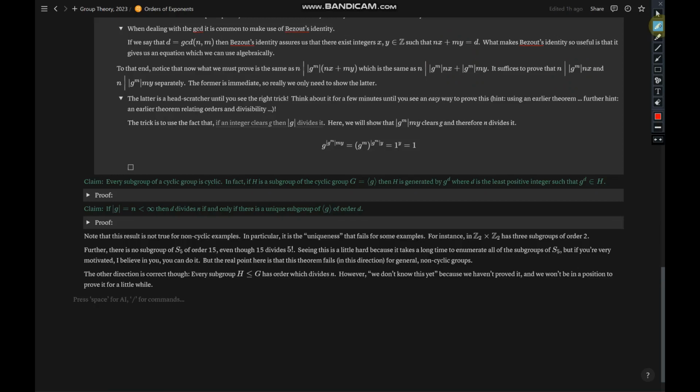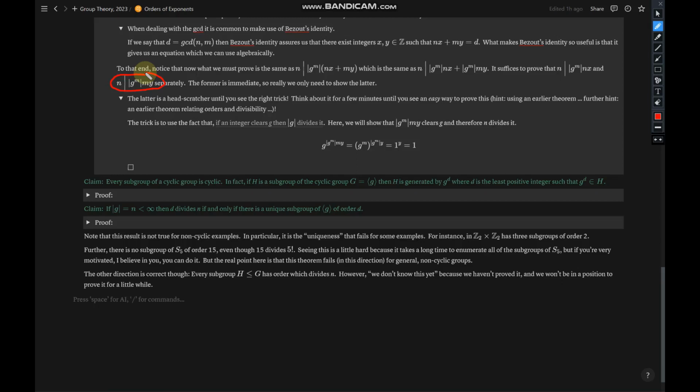Now, you might think that that's actually a little hard. It's not immediately obvious how we're going to prove this divisibility relationship, but there is in fact a sensible move that, if you spend enough time thinking about it, you'd come up with. One of our most frequently used divisibility results so far has been this whole idea that if an integer clears a group element, then the order divides the integer.